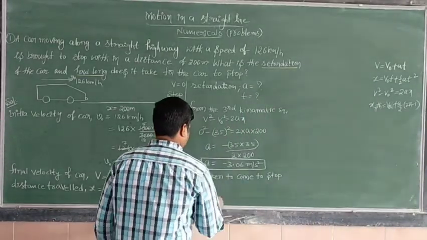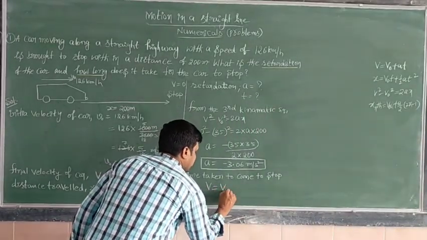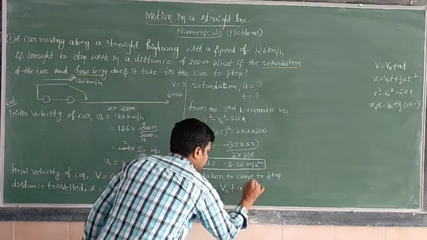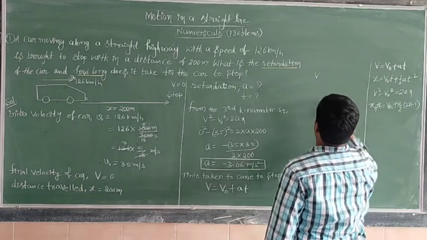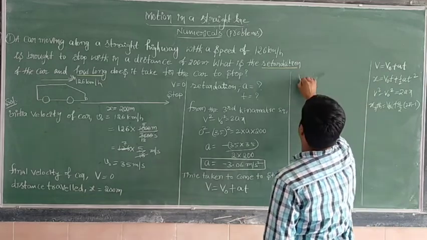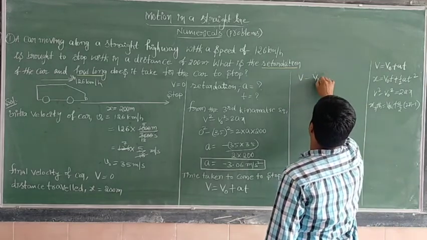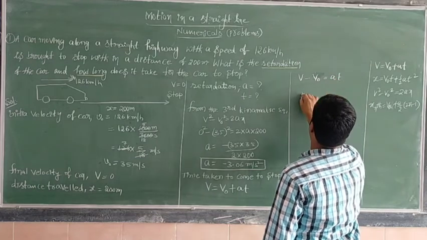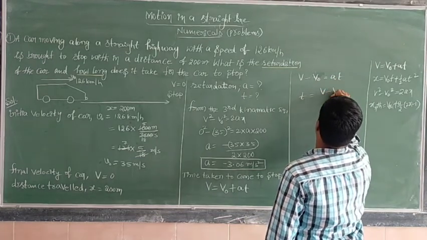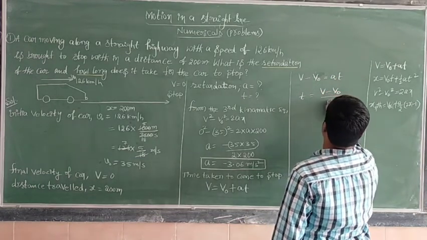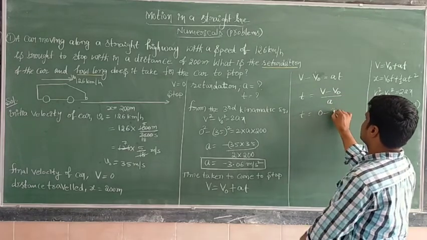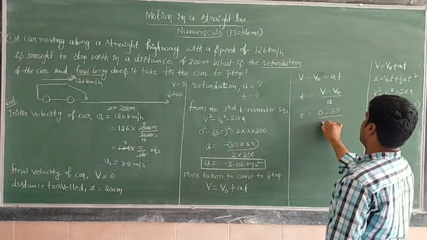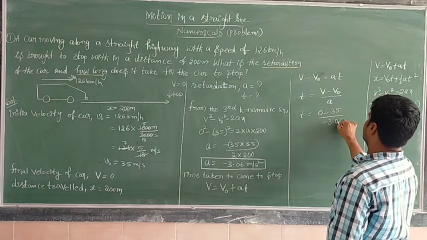You take the first kinematic equation: V is equal to V naught plus AT. From this, V minus V naught is equal to AT. So T equals V minus V naught divided by A. So T equals 0 minus the initial velocity 35 divided by minus 3.06.